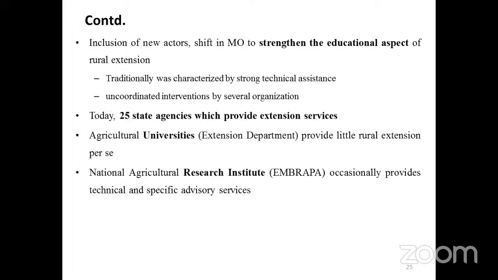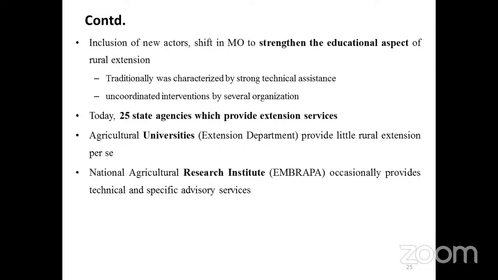Then they started strengthening the educational aspect of rural extension as well. Now they have 25 state agencies which provide extension service. Here you can remember that it is completely state agencies providing extension service, not a national agency anywhere, because they have stopped all the funding.